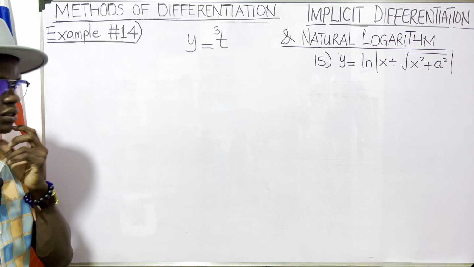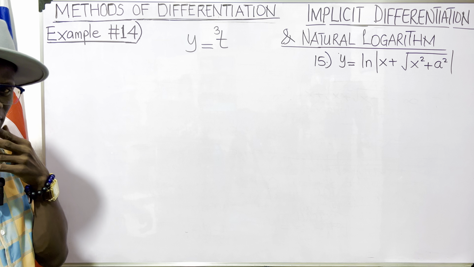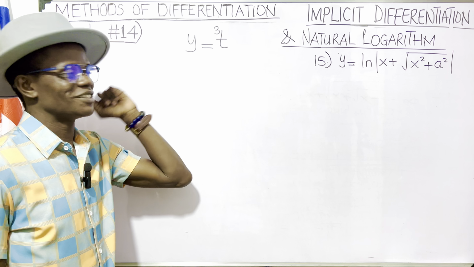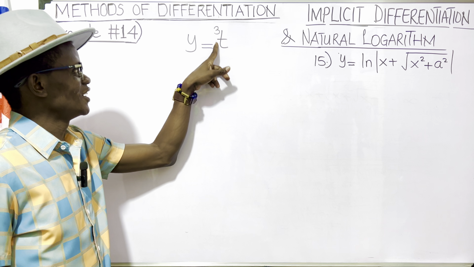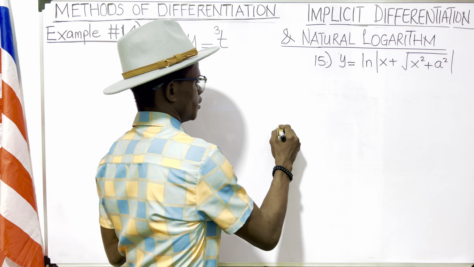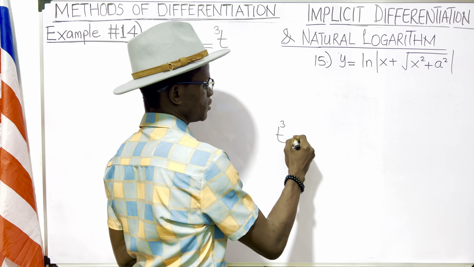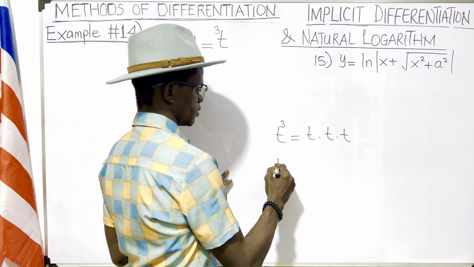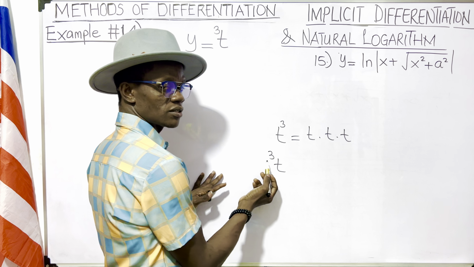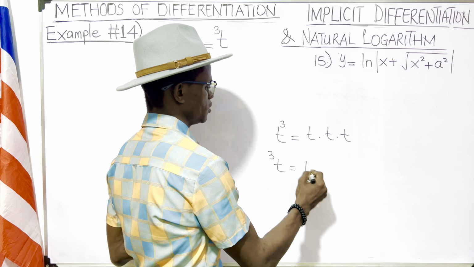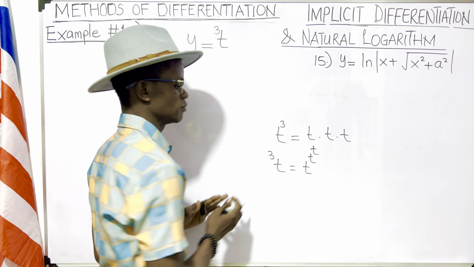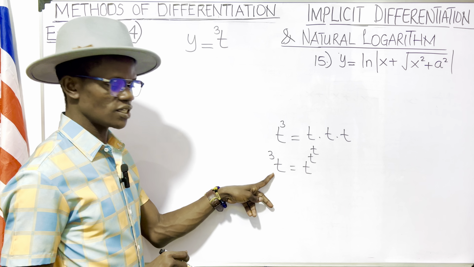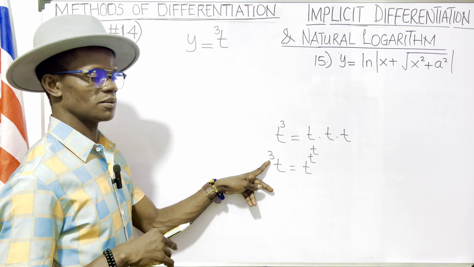y equals t to the back power. This is the back exponent. This is different from t raised to the third power. t raised to the third power means t times t times t. But t raised to the power t on this side means you must raise t to itself the number of times that is here.